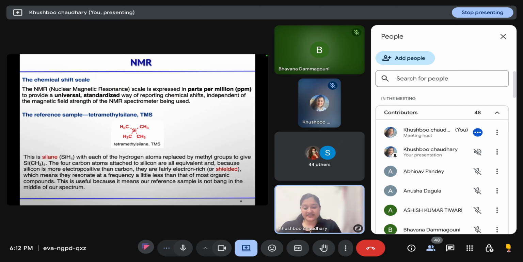So let us discuss the chemical shift scale. We discussed energy and frequency, but the scale that we use for NMR is expressed in parts per million.